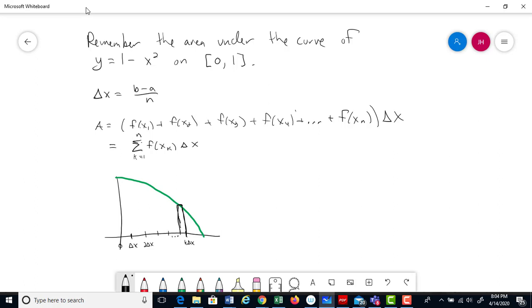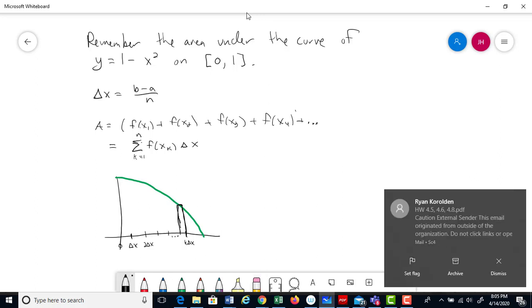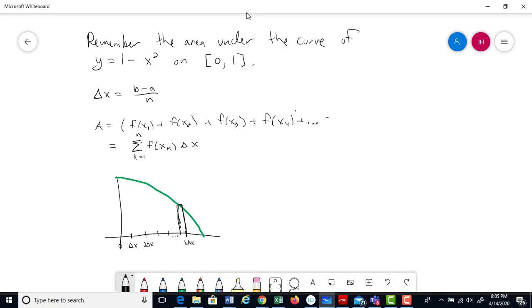So this is your general rectangle, because I need to find a general function that we're going to be taking the summation of. So I don't want the nth one, I need the kth one. Somewhere in here is going to be an f sub k. So in here is plus dot dot dot and plus f of x sub k plus dot dot dot plus f of x sub n times your change in x.